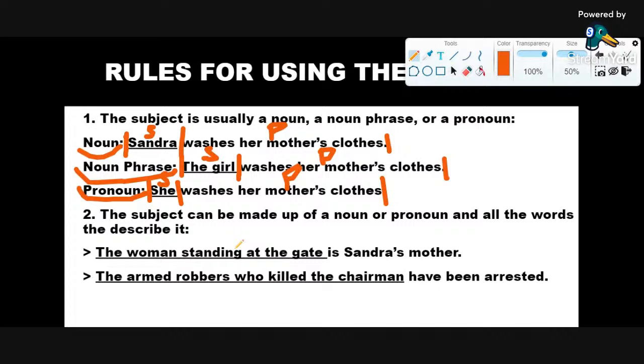Another thing we want to look at, the second rule, is that the subject can be made up of a noun or pronoun and all the words that describe it. The subject can be a noun together with all the words that describe that noun. Let's look at this example. The noun here is woman.